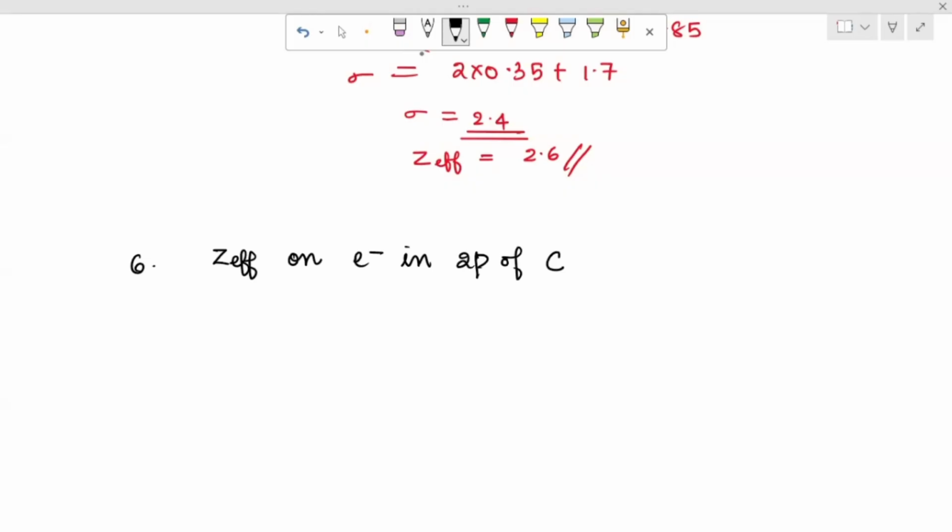Okay, so carbon is Z equal to 6. Configuration is 1s2, 2s2, 2p2. So these many electrons are there in the nth shell. Only this much of electron is present in n minus 1th shell. Correct? All right. Please start the calculation.